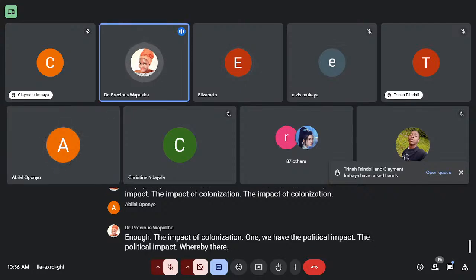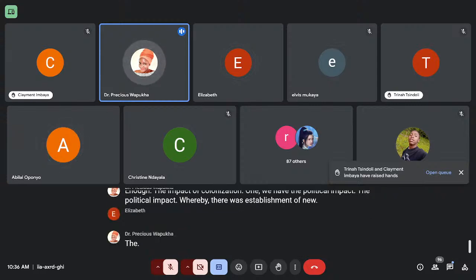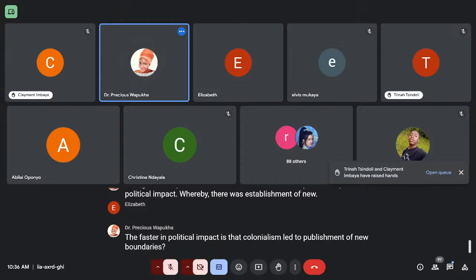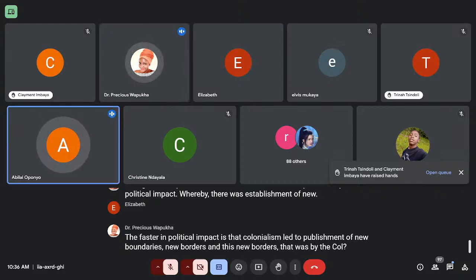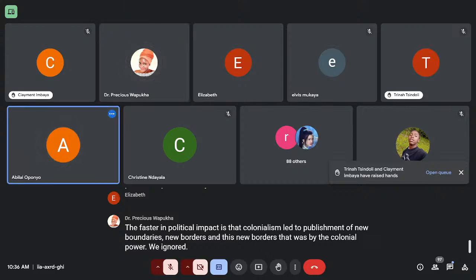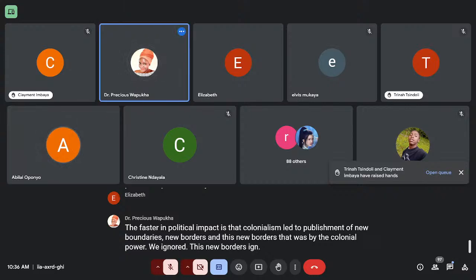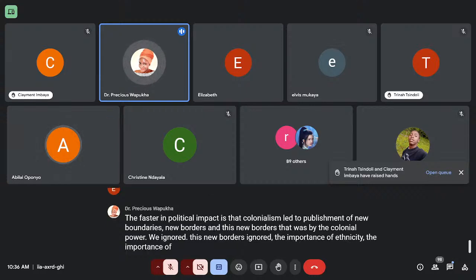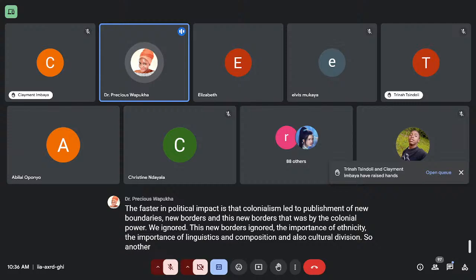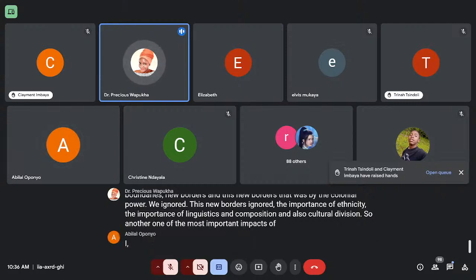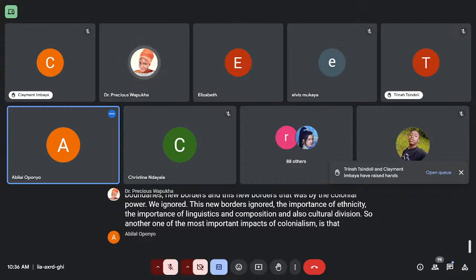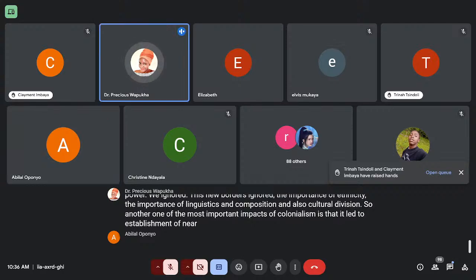The first political impact is that colonialism led to the establishment of new boundaries and new borders, and these new borders established by the colonial powers ignored the importance of ethnicity, linguistic composition, and cultural divisions.